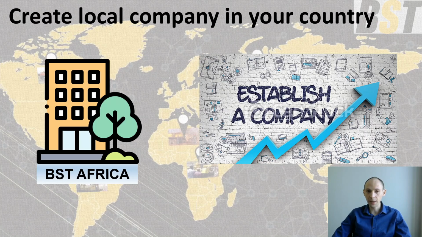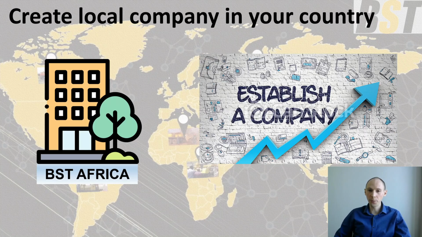But if you do not have any company and if you want to be an agent of BST, it will be a compulsory condition again. You need to create a company in your country. The reason for this, we need to specify this company in the supply contract, because I explained to you on the previous slide that we will need to sign a supply contract, and there will be two parties in this contract.